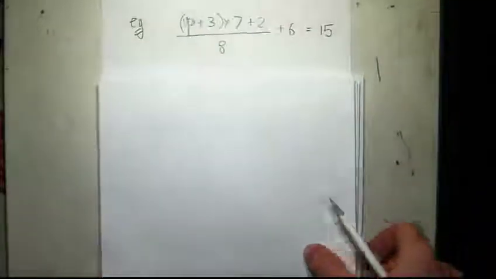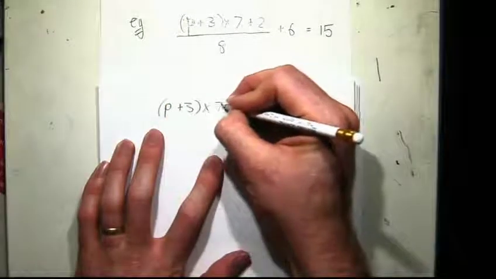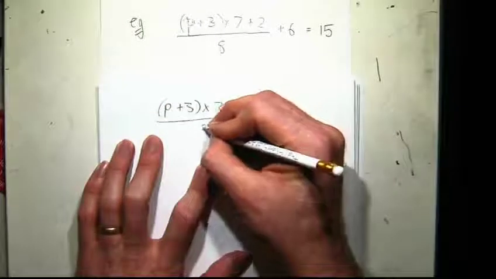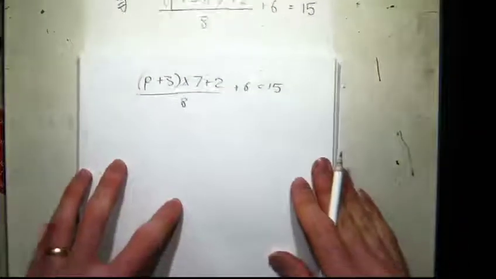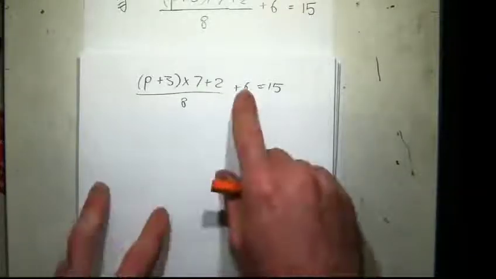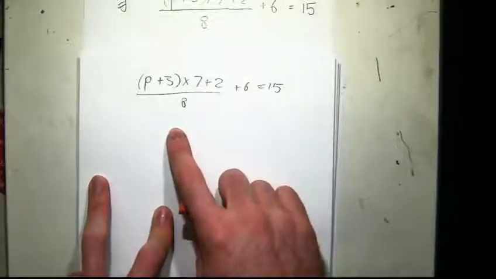So let me start with the same equation. What I can do is I can say, well, which bits have been glued together by doing stuff? The last thing that was done is this plus 6. All of this is stronger than the plus 6 in the order of operations.